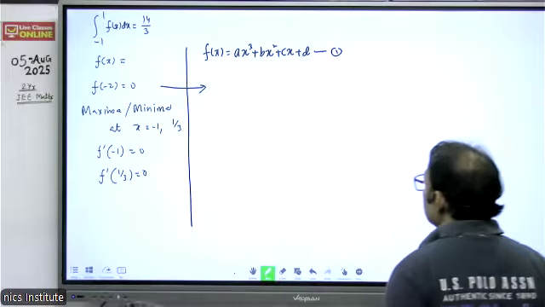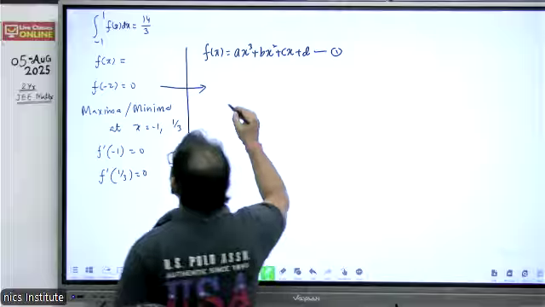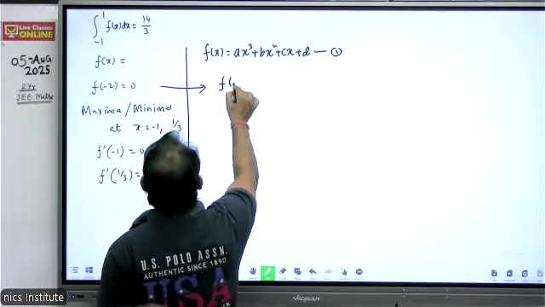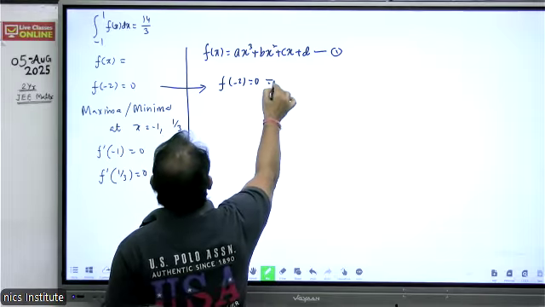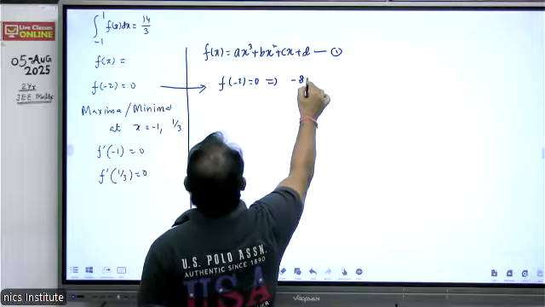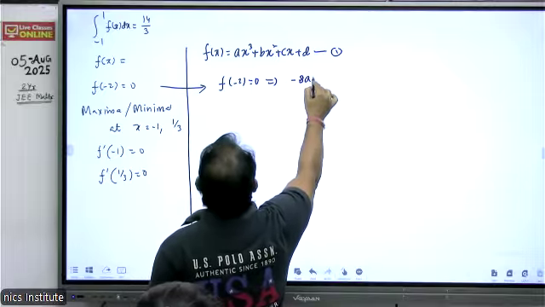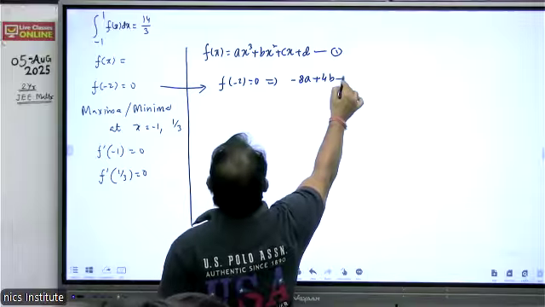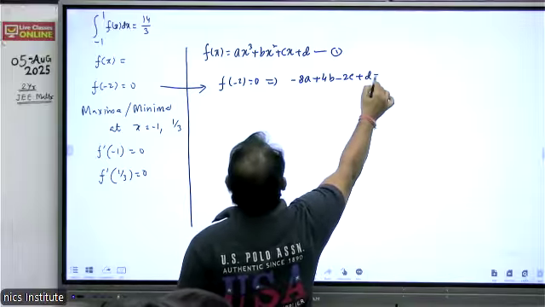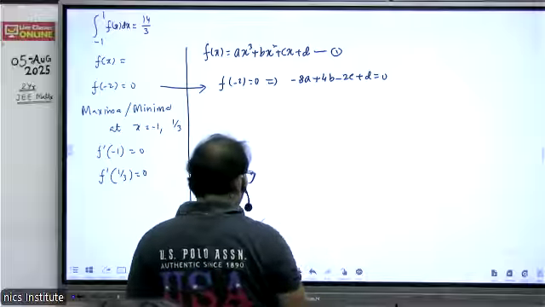So f of minus 2 gives you which equation, Meera? This would be minus 8a plus 4b minus 2c plus d is equal to 0. That's one equation.